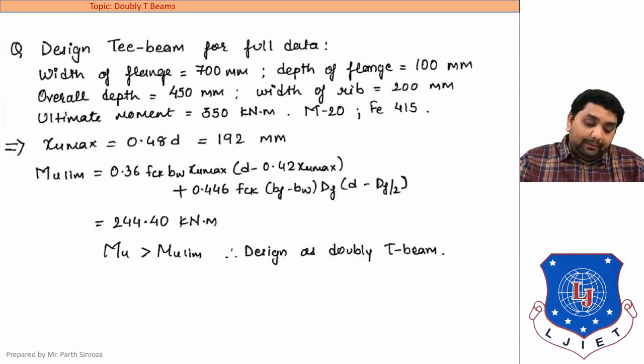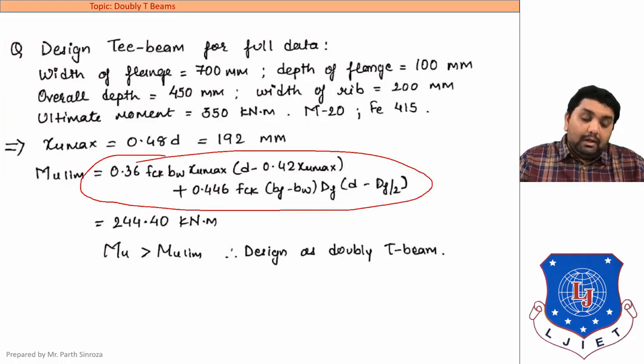We'll be using this equation for MU limb: 0.36 FCK BW XU max times (D minus 0.42 XU max), plus 0.446 FCK (BF minus BW) DF times (D minus DF by 2). How to remember it, I will say later on. Clear?